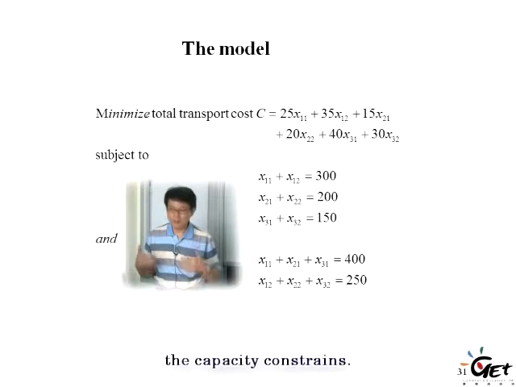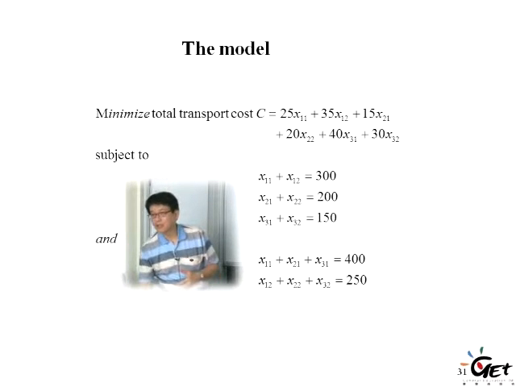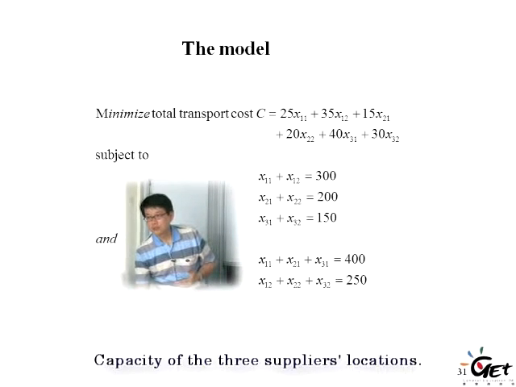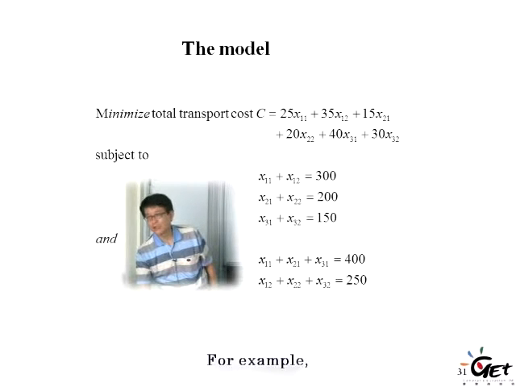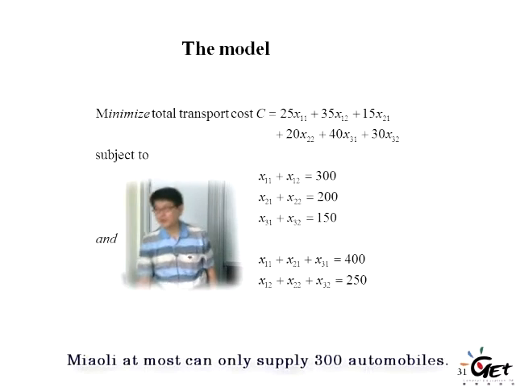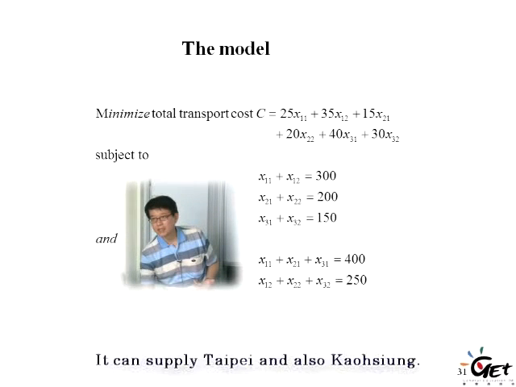The 3 equations here represent the capacity constraints, the capacity of the 3 suppliers as supply locations. For example, Miaoli can only supply at most 300 automobiles. It can supply Taipei, X11.